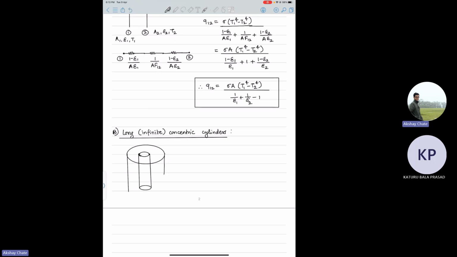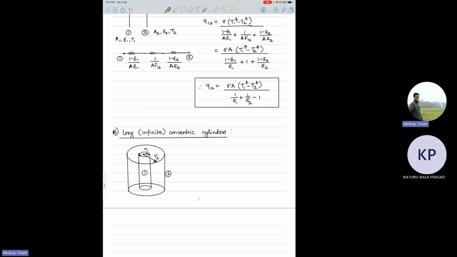We will have something like this. The inner cylinder will have radius R1, the outer will have R2, the radii of the cylinders. In this case, we'll number the inner cylinder as 1 and the outer cylinder as 2.